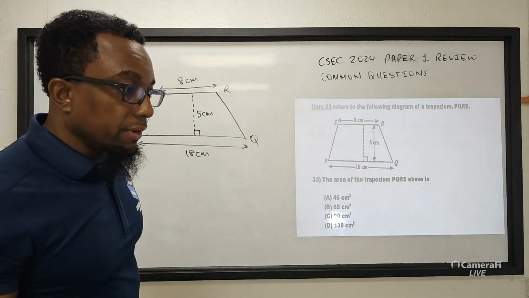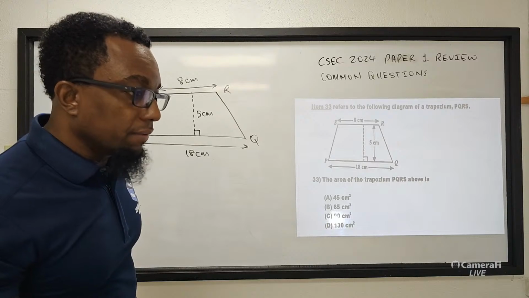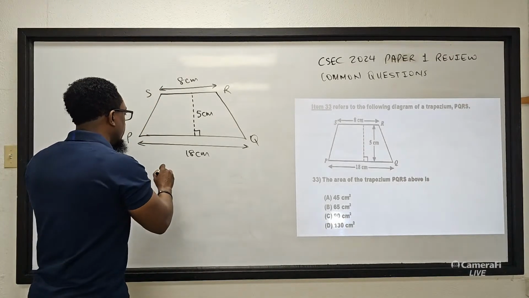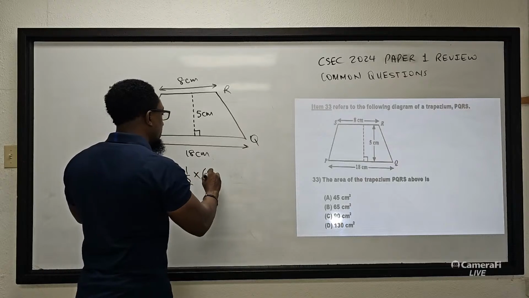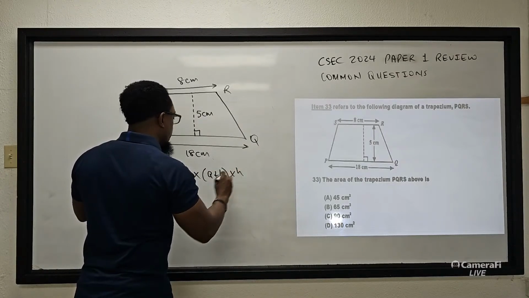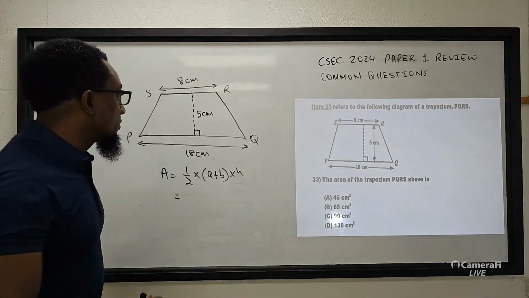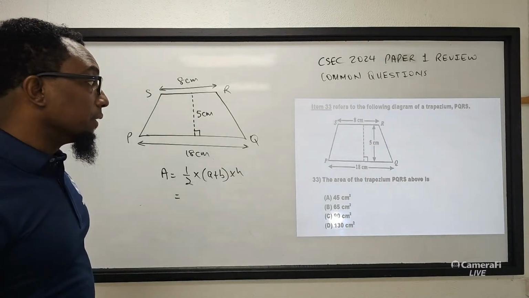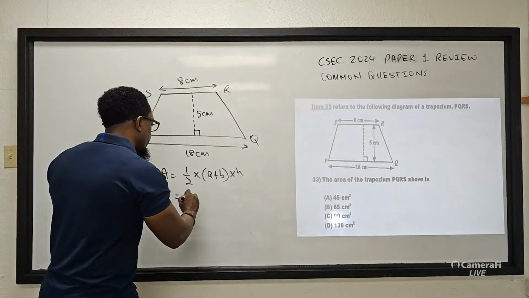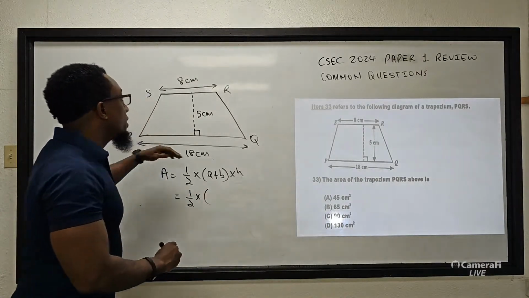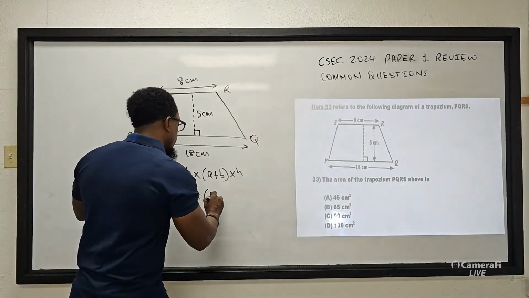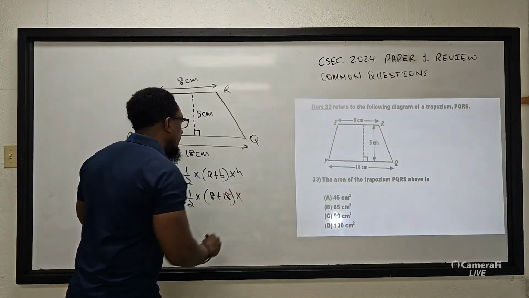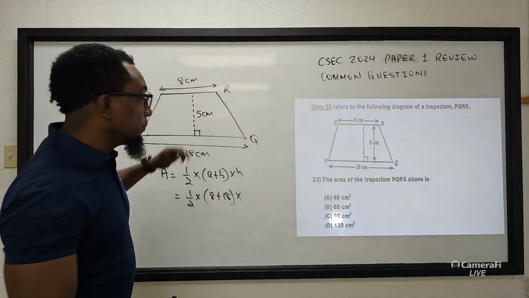We need to find the area of a trapezium. The area of a trapezium is simply a half multiplied by the sum of the 2 parallel sides by the perpendicular height. So this will be a half times the sum of your 2 parallel sides, 8 plus 18, by your perpendicular height, which is 5.